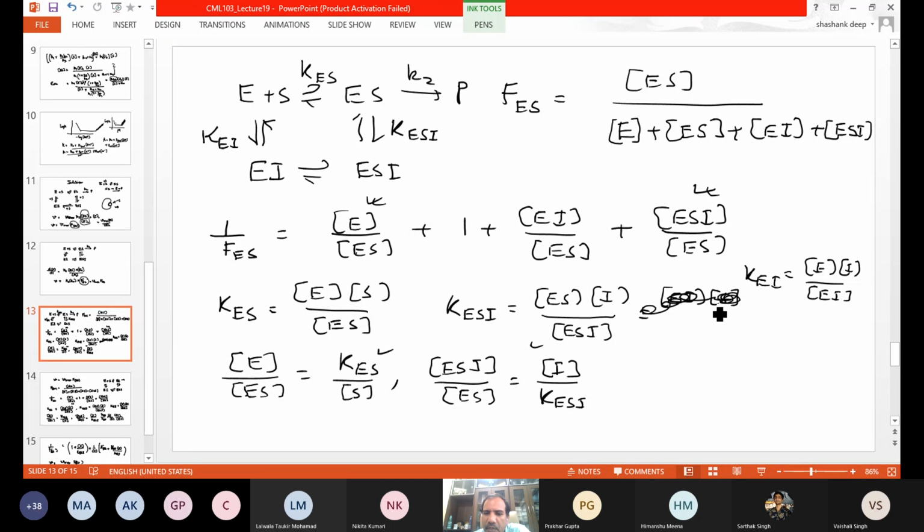So I have to calculate EI by ES. How can I do that? Here is ES, here is EI. So ES by EI is, let's write KES by KEI is equal to, what will it be? Tell me.